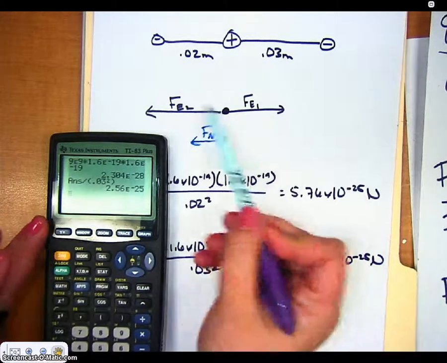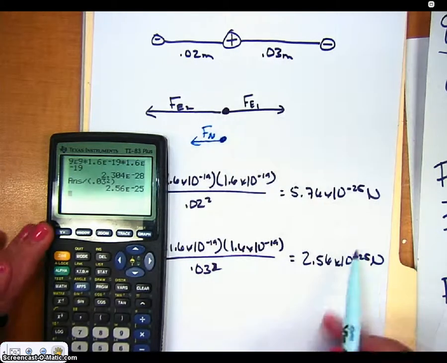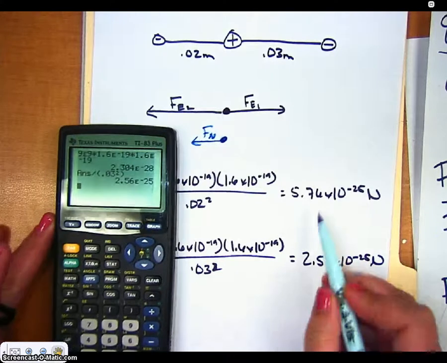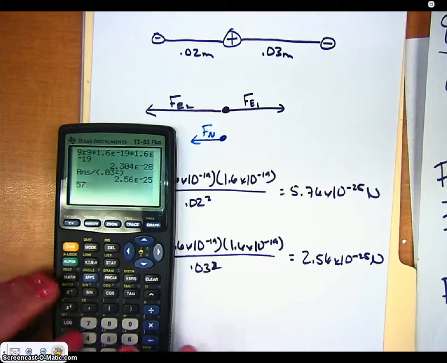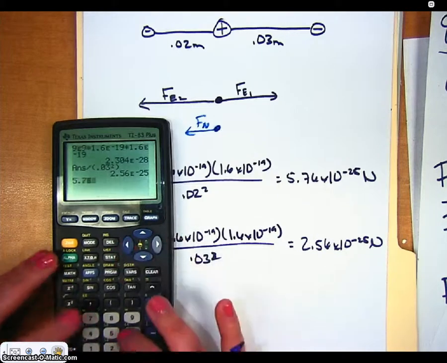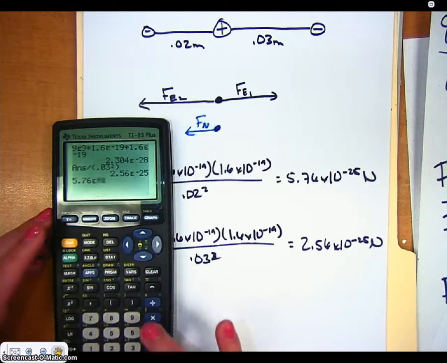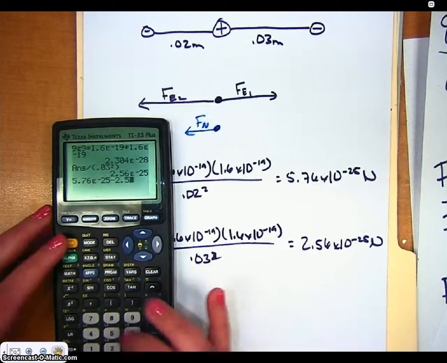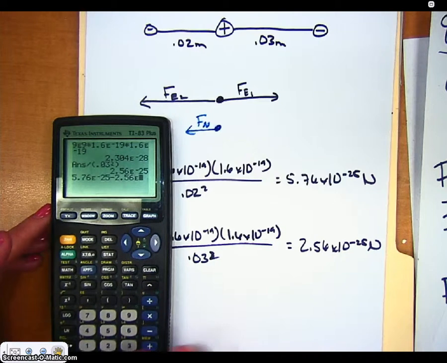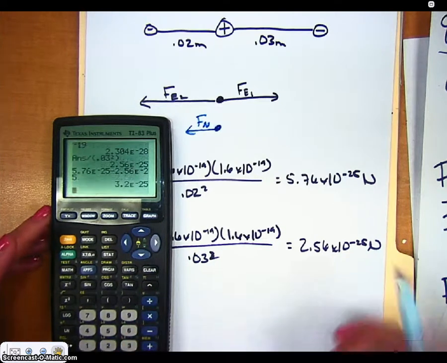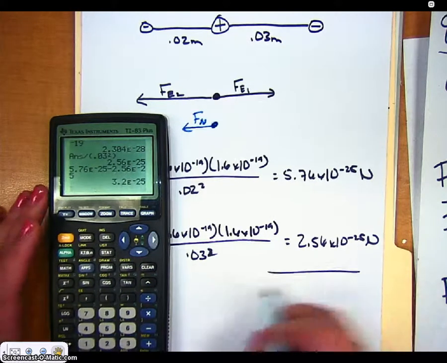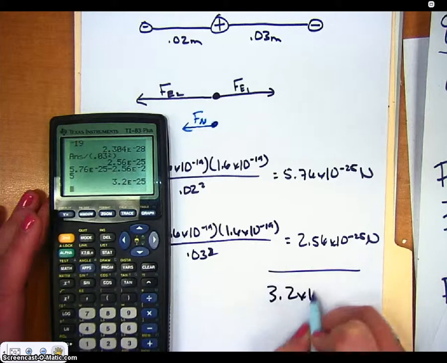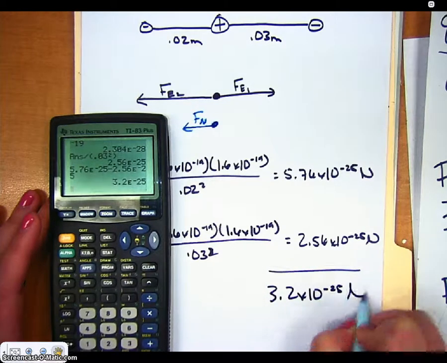So I know to the left I'm going this, to the right I'm going this. So I just need to subtract those two values from one another. So 5.76 times 10 to the negative 25th, and then subtract from it 2.56 times 10 to the negative 25th, which is going to be 3.2 times 10 to the negative 25th newtons.